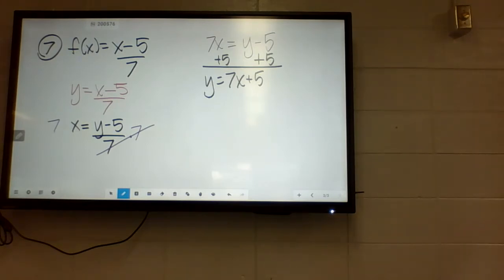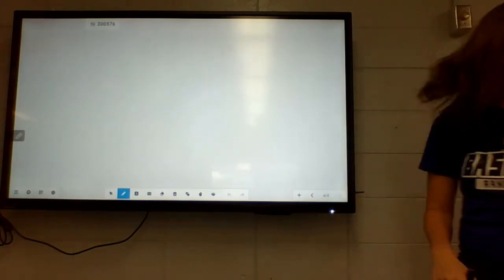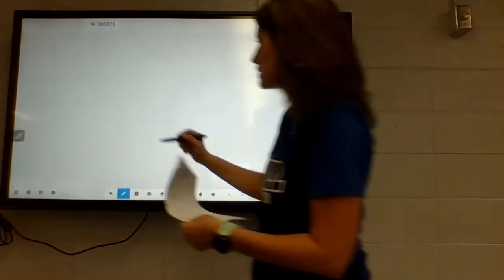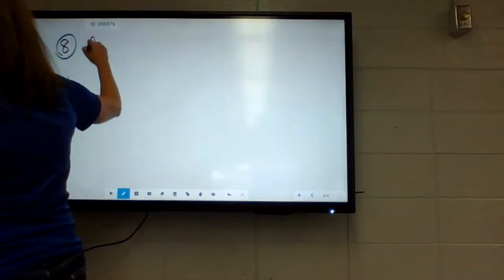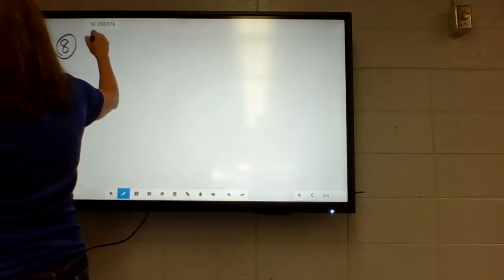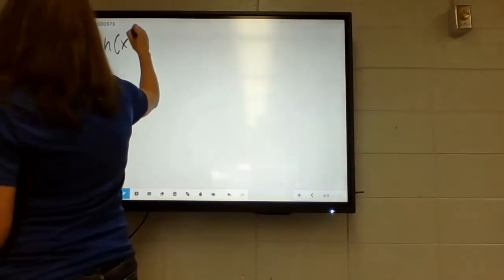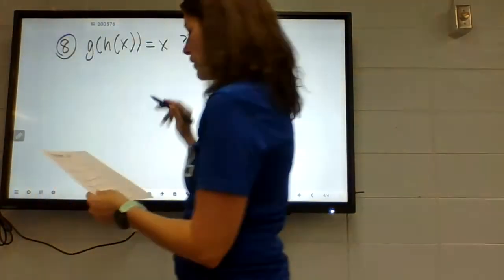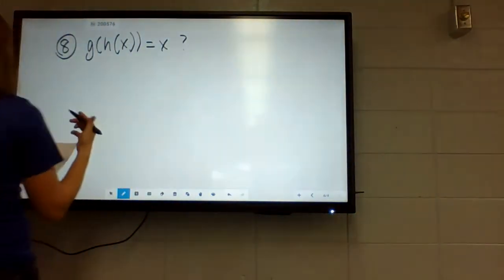Number 8, they want us to prove they're inverses, and so that's where we check, does f of g of x equal x? So does everything else cancel out of the problem except for x? So in number 8, we are checking, well, they use g and h, of course. So I'm checking, does this equal x is my question, or basically trying to prove that.